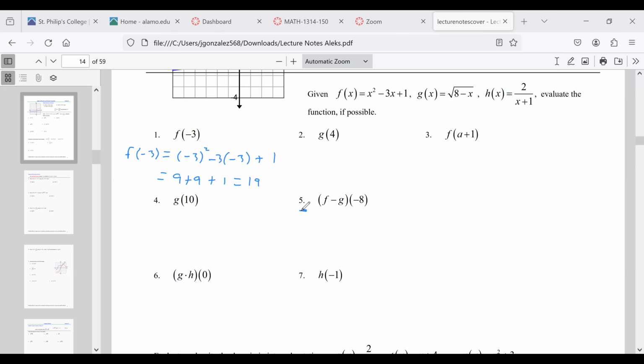So, yeah, remember, this means for number 5, plug in separately. So what is -8 going to here? Minus what is -8 going into the G. That's all you're doing.